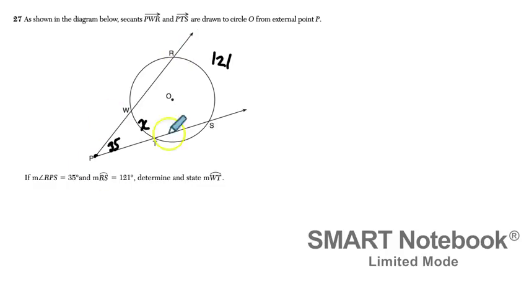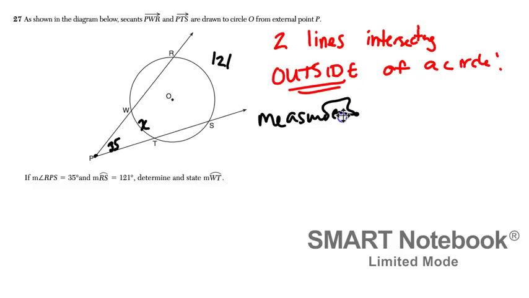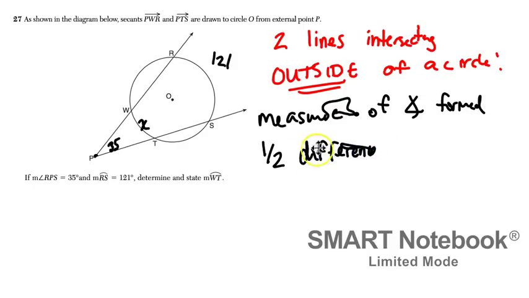Whenever I have two line segments that intersect outside of a circle, or two lines, or two rays, I'm just going to write lines generically, but if I have two lines intersecting outside, this is key, of a circle, the measure of the angle formed is always going to be half of the difference of the two arcs intercepted.